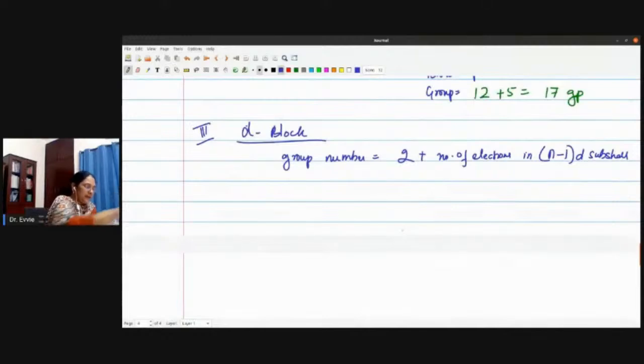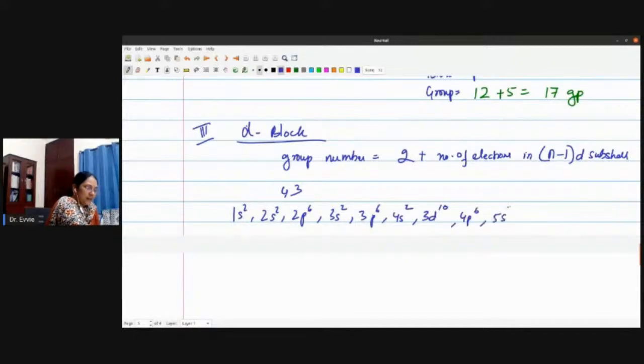Okay, let me write atomic number 43. Okay, it's a very, very big one. So you can try this also. 1s2, 2s2, 2p6, 3s2, 3p6, 4s2, 3d10, 4p6, 5s2, 4d5.